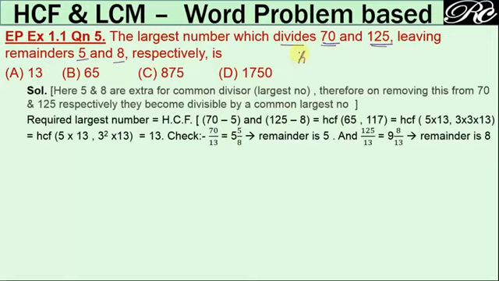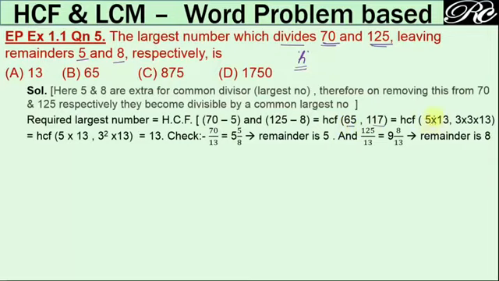So obviously the required number will be the HCF when this 5 and 8 is adjusted from this 70 and 125. Therefore, this required largest number will be the HCF of 70 minus 5 and 125 minus 8. It will be the HCF of 65 and 117.